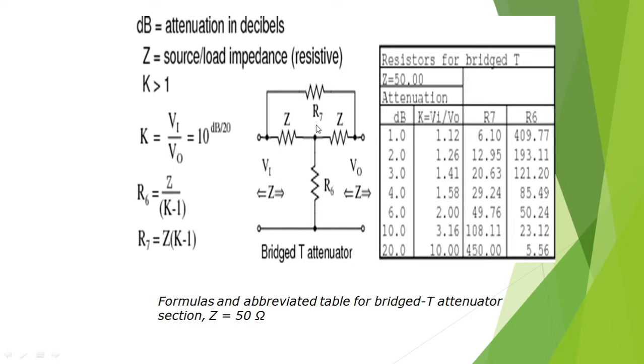R6 and R7 values are given by Z by K minus 1. As the K value changes, R6 and R7 values automatically keep changing, and depending upon that we calculate the dB, that is attenuation in decibels. So these are interdependent.